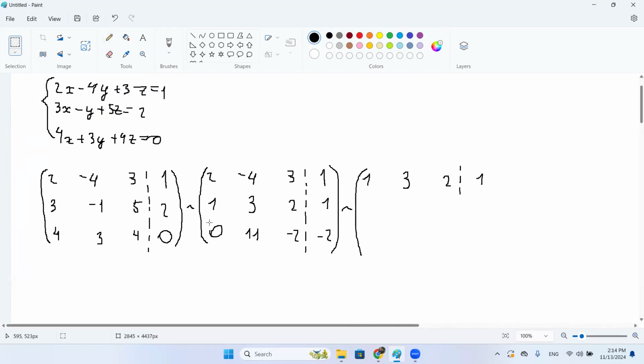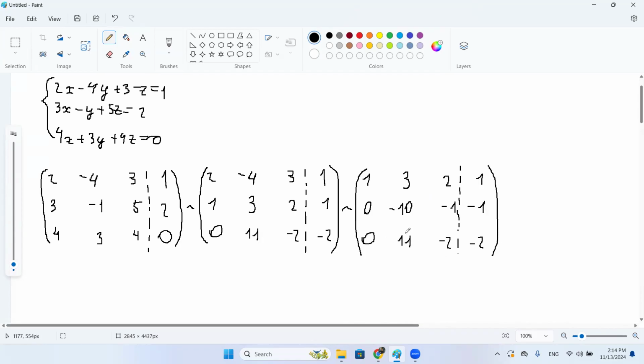So moving this equation here. So eliminating this row. So 0, and here minus 6, so minus 10. Minus 1, and minus 1.